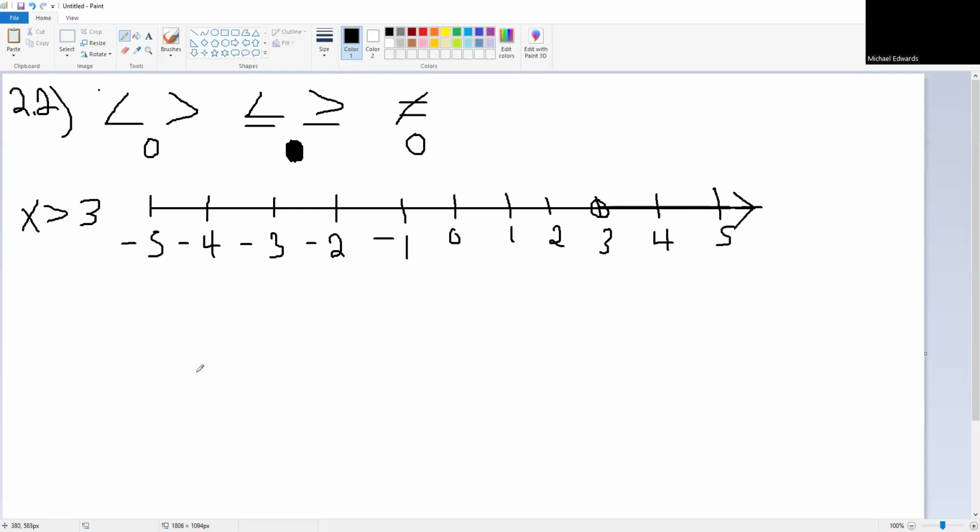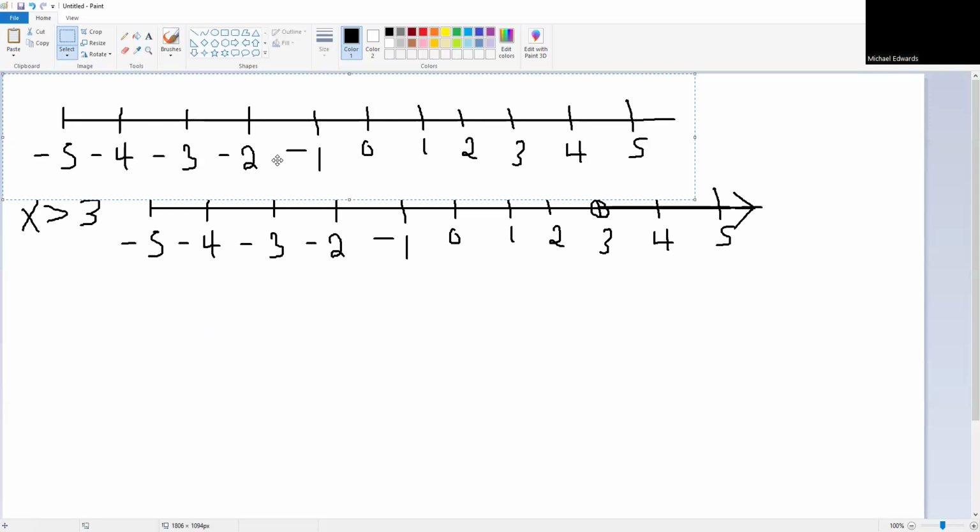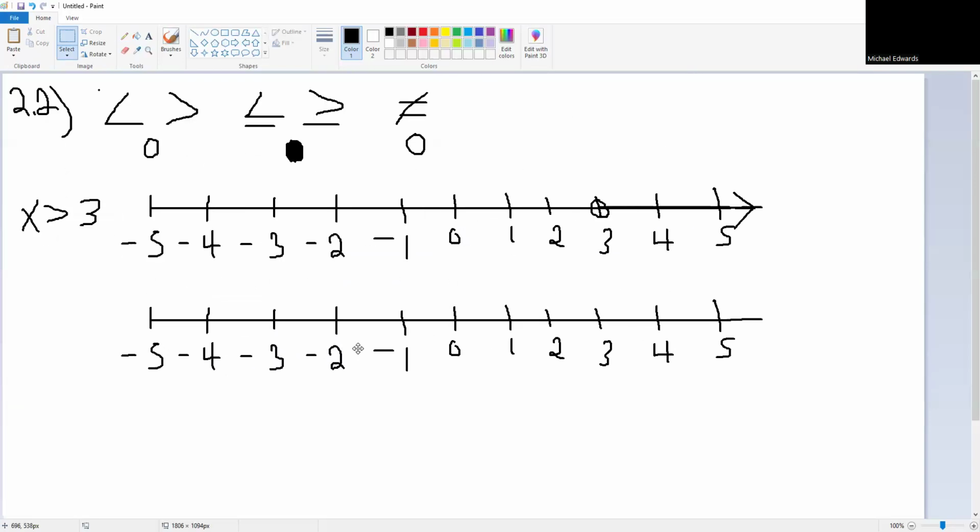All right, let's look at another one. It will be x less than or equal to -2. Now we see -2 on the chart here, and we know that if it's less than or equal to, it will be a closed dot. So let's draw that.